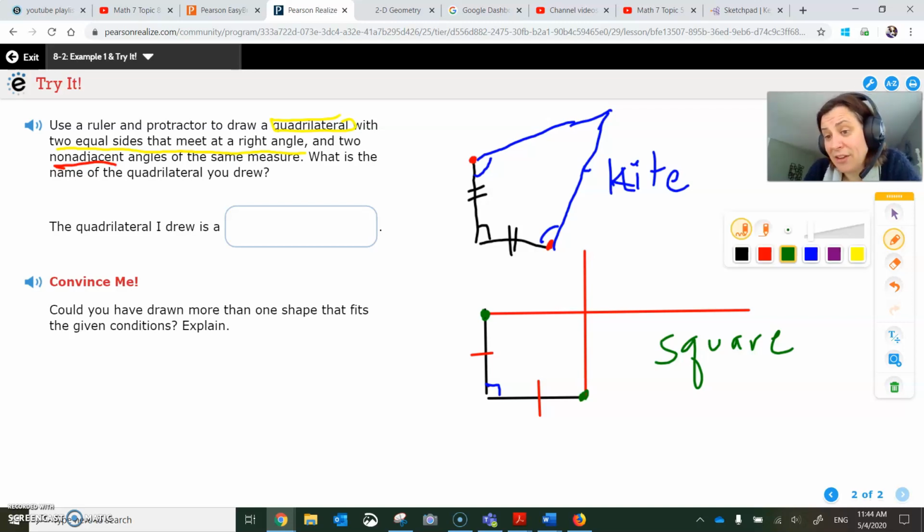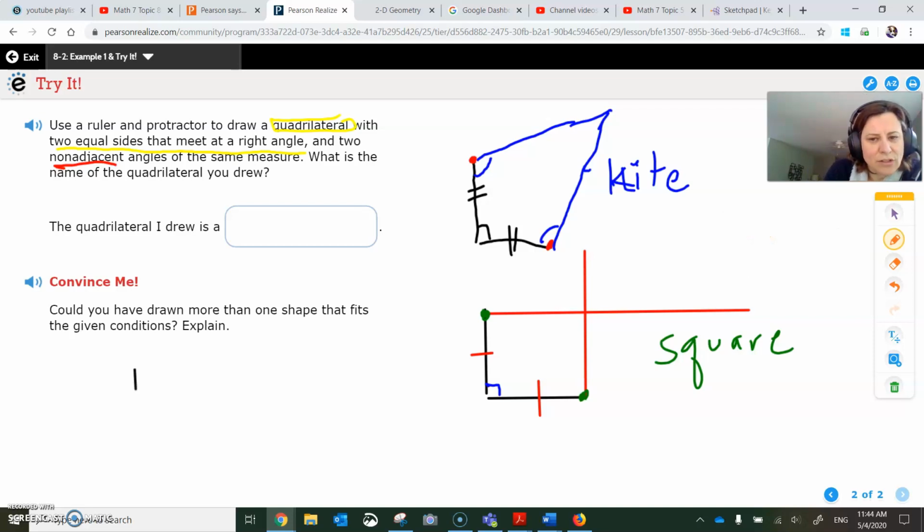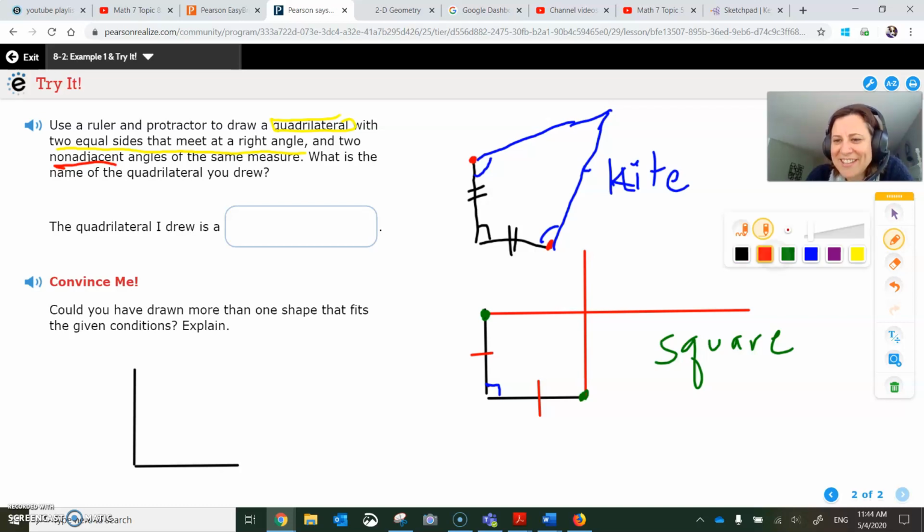A third one that you could have done, we start again with 2 equal distant, same length sides meeting at a 90-degree angle. And then they're non-adjacent angles. Once again, that's this guy and this guy. Those are the non-adjacent angles. Watch what happens when I do this. This is kind of weird.